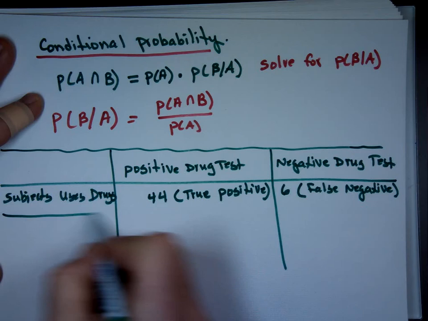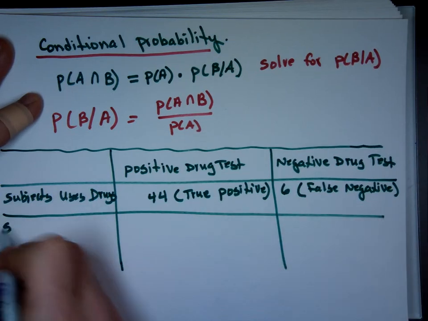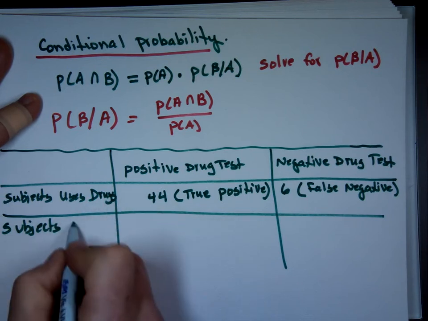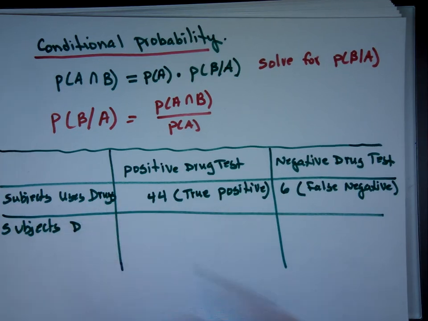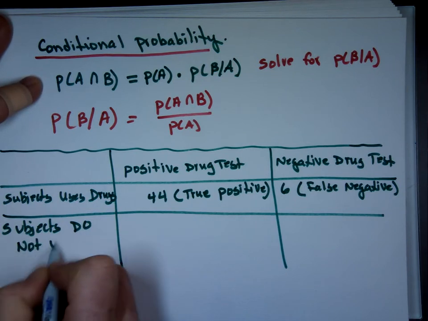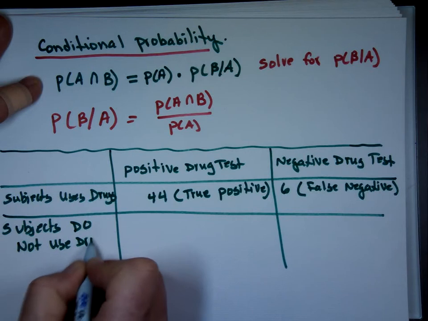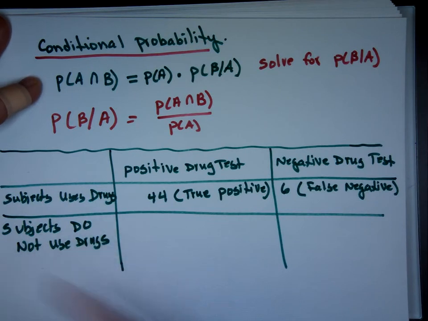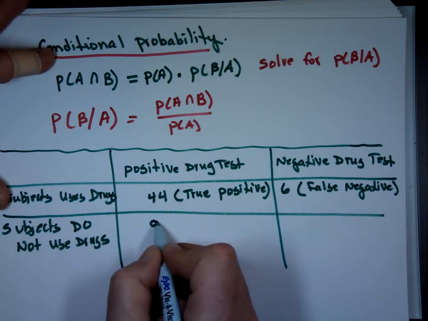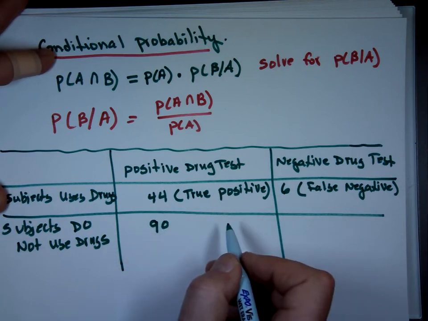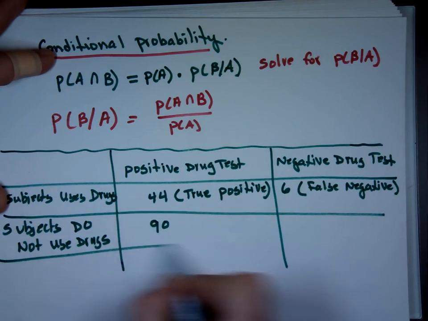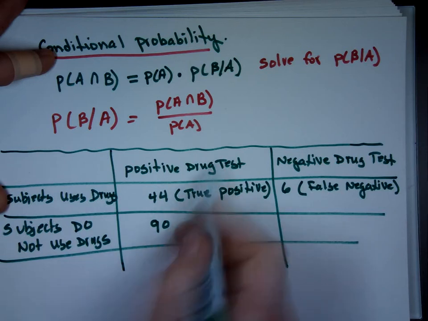Now, the next group we're going to test it on, subjects who do not use drugs. We know they don't use them. And the test confirmed that for 860 of them. But for 90 of them, the test says you tested positive, knowing these people don't use any drugs.